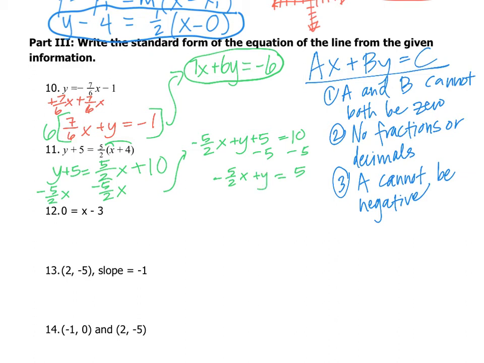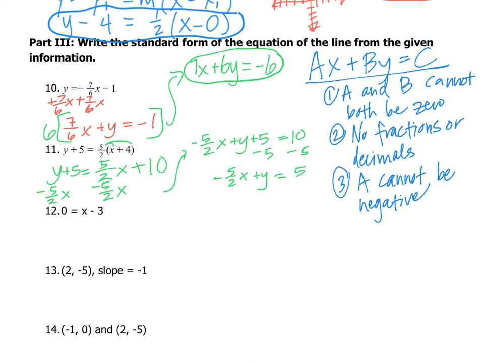All right, I am breaking 2 of my rules because right now A is negative, and then also I have a fraction. So in order to get rid of this, I am going to multiply the whole entire equation by -2.